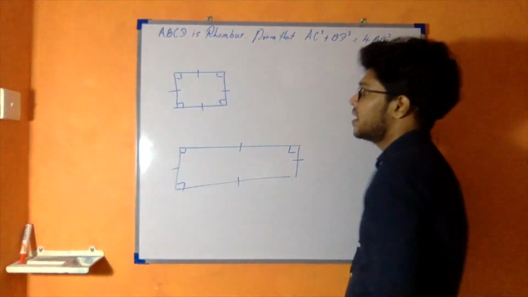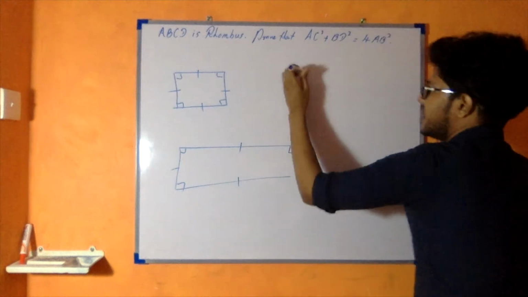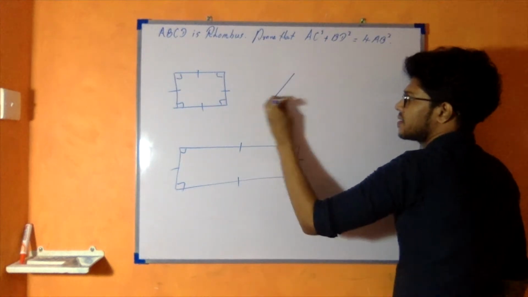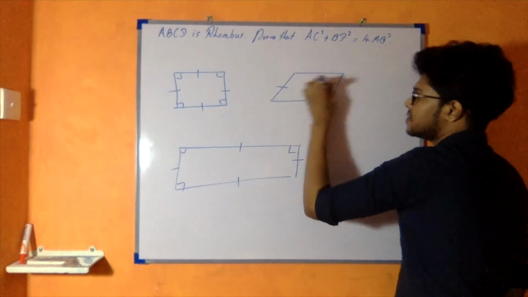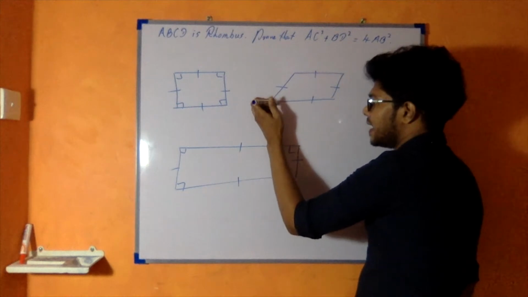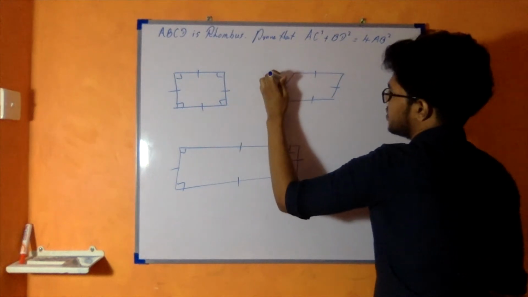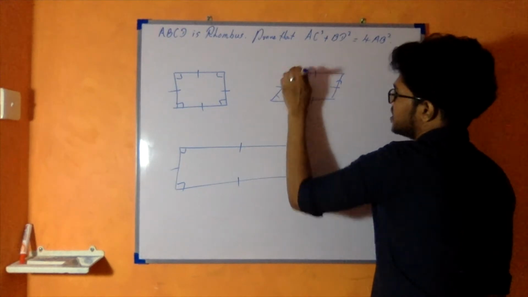When you slant this square to a side like this, it makes a rhombus. In a rhombus also all the sides are equal in length, but remember these angles are not 90 degrees, but the opposite sides will be parallel to each other.